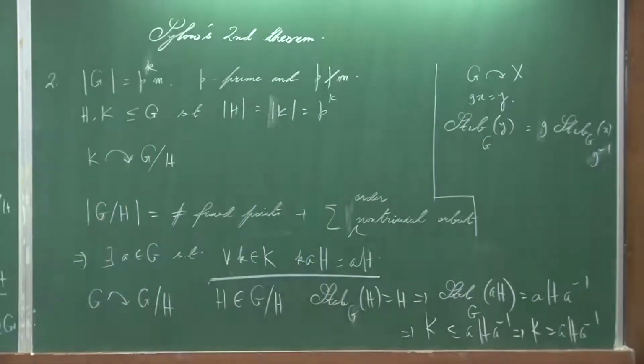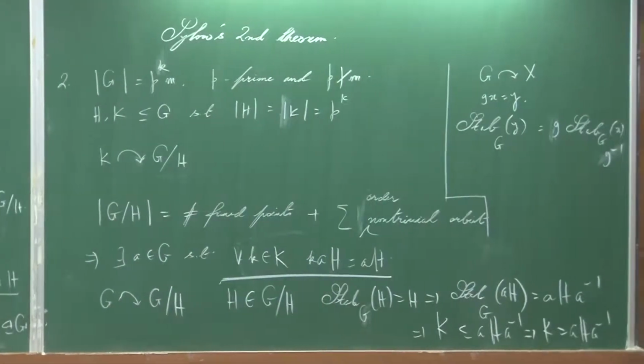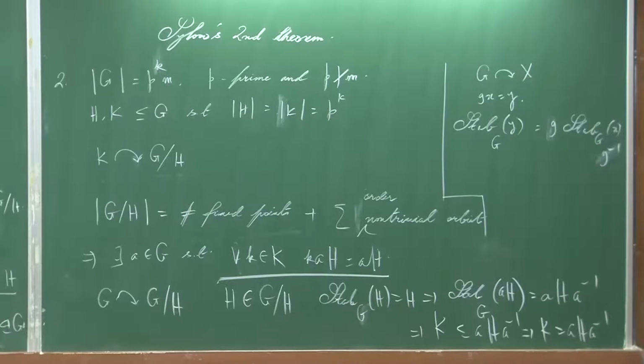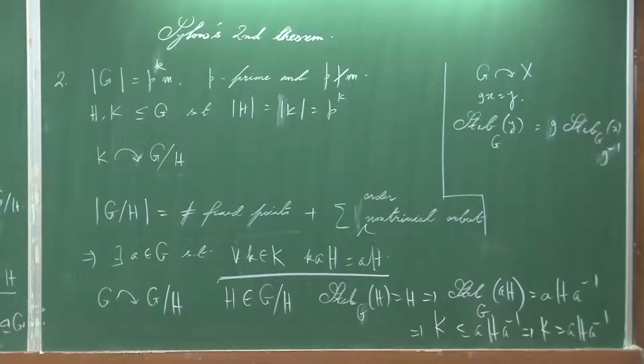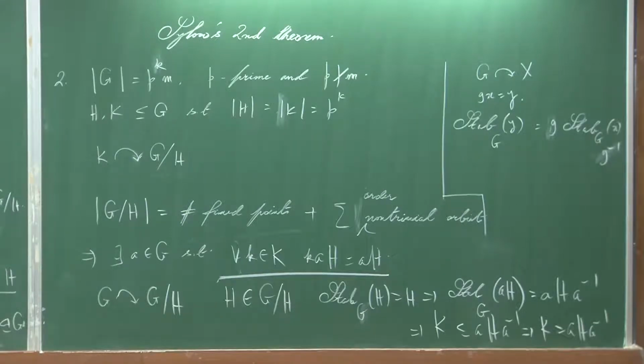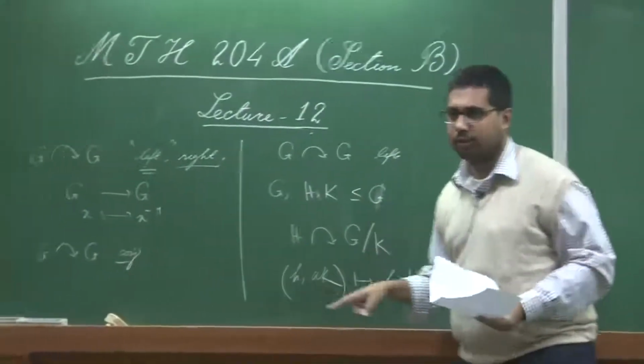In order to see Sylow's other theorems, we have to consider a different action, which we will do now. Note that this is an observation: we have seen that the action of G on itself by left multiplication induces an action of G on the space of cosets.